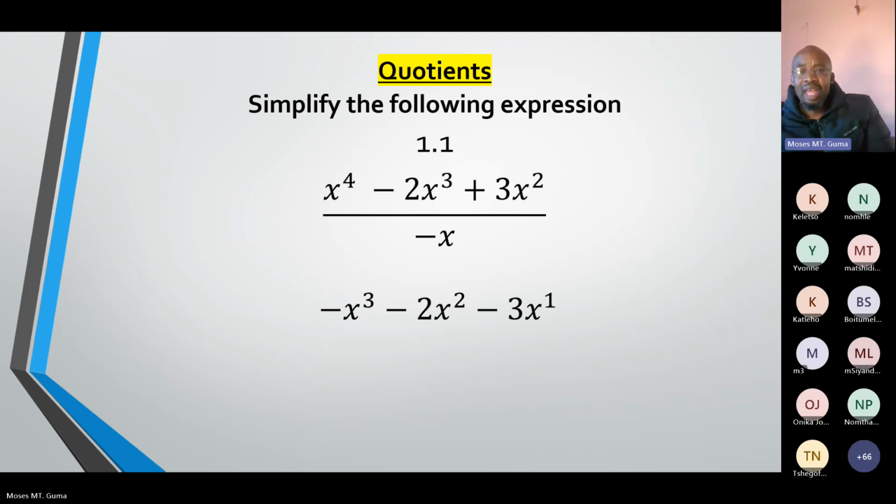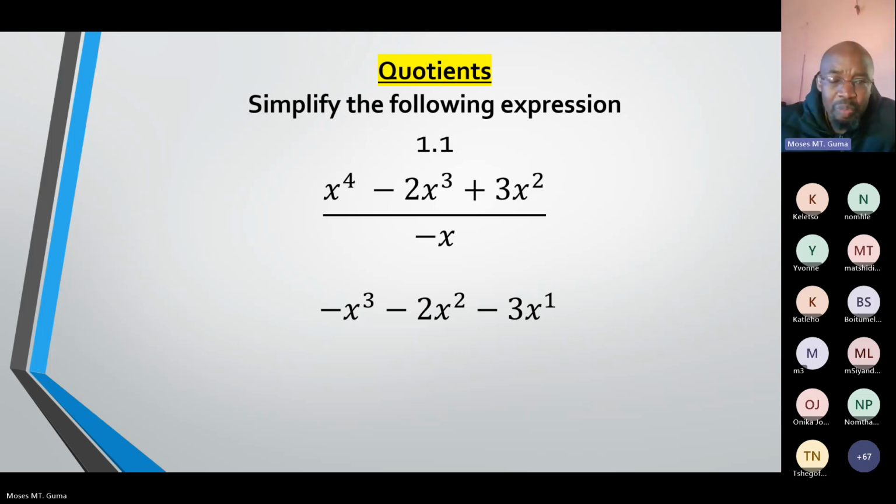I hope that everyone is with me and everyone understands, because now I'm drifting back to the work that is in your head, the work that you have done previously in term 1. Now, let's move on. In this one, remember, I'm still using the very same content. It means I'm taking minus 2x to power 3, I'm dividing it with minus x there.